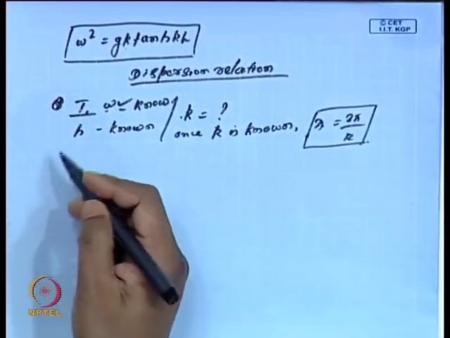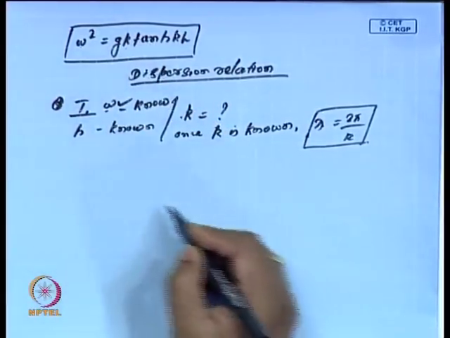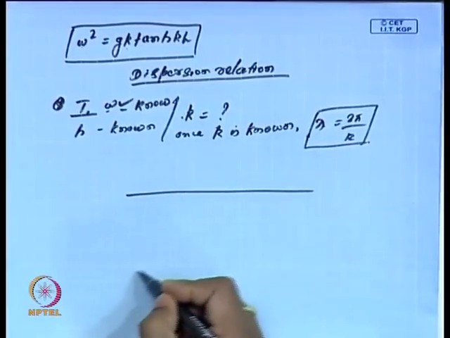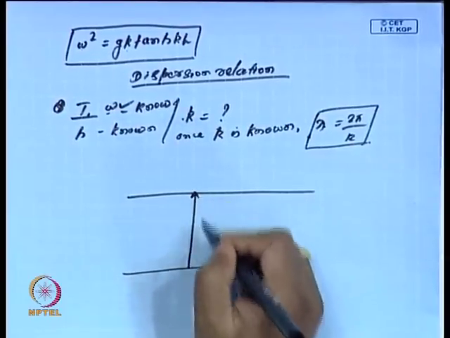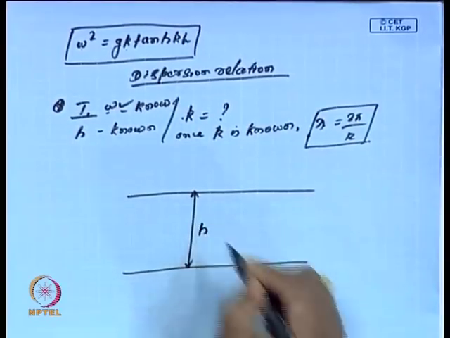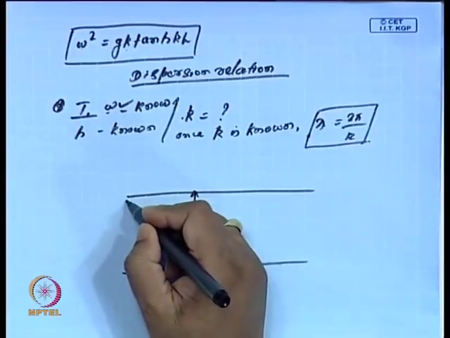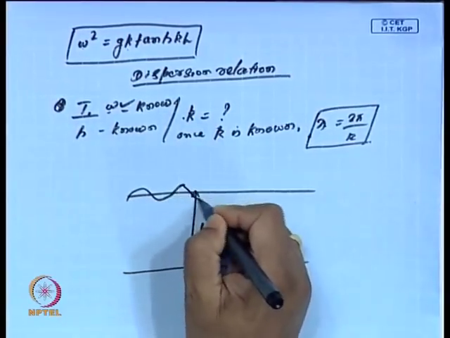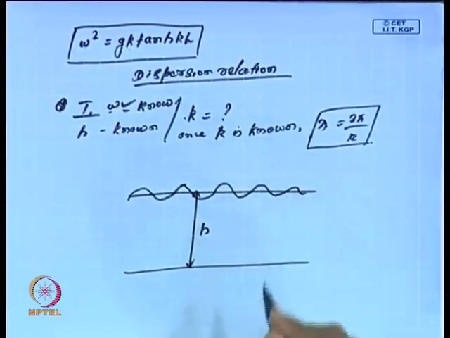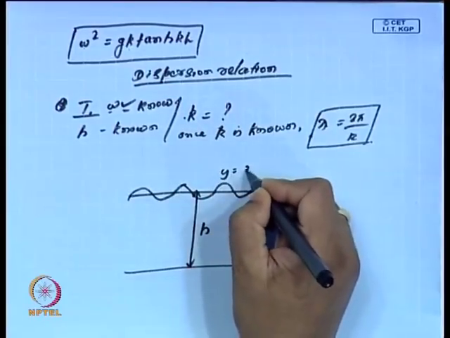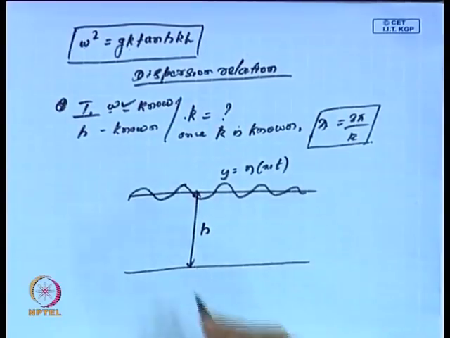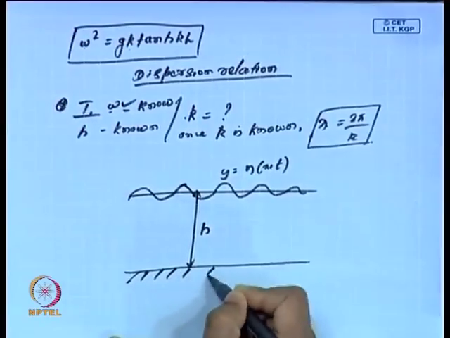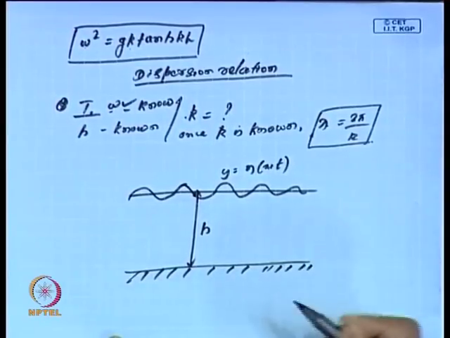Particularly, we are looking at a depth of water h, and a wave propagating on the surface. If I say y is equal to eta(x,t) is the surface, then this is the seabed, assuming a uniform water depth.